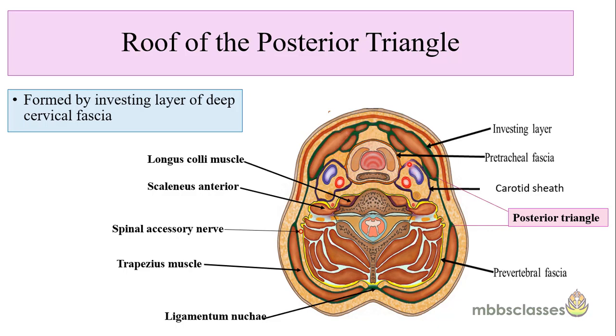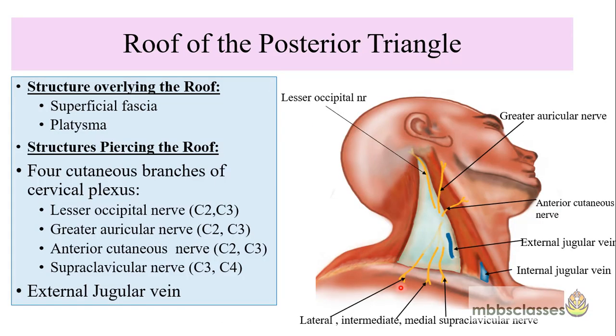The carotid sheath is by the contribution of three fascias, pretracheal, investing layer, and the yellow colored one is the prevertebral fascia. So the roof of the posterior triangle is formed by the investing layer of the deep cervical fascia. There are certain structures which lie superficial to the roof. These are the superficial fascia and the thin muscle, the platysma muscle.